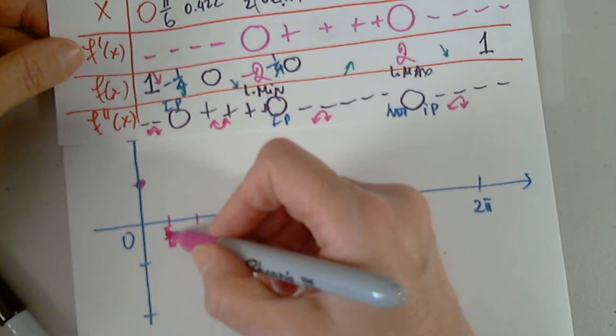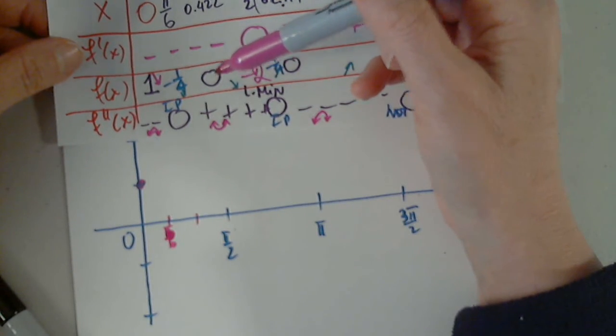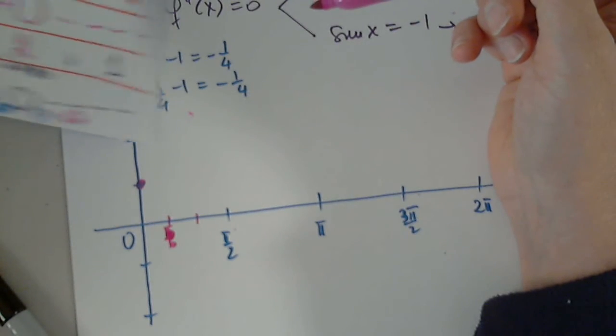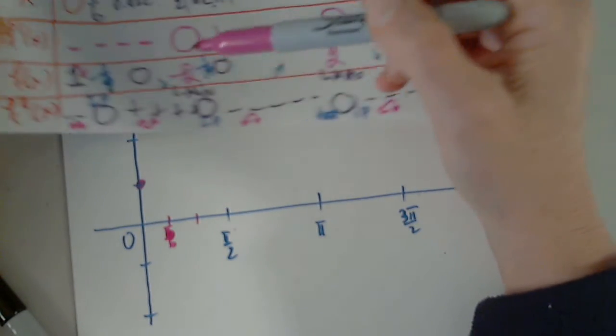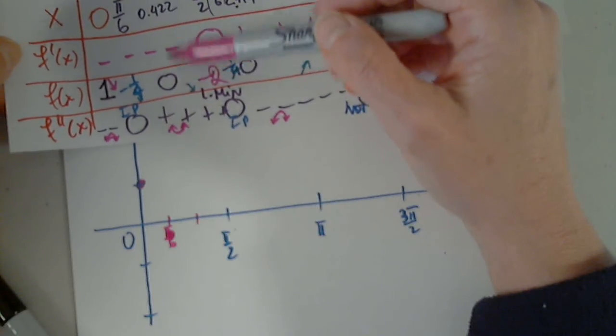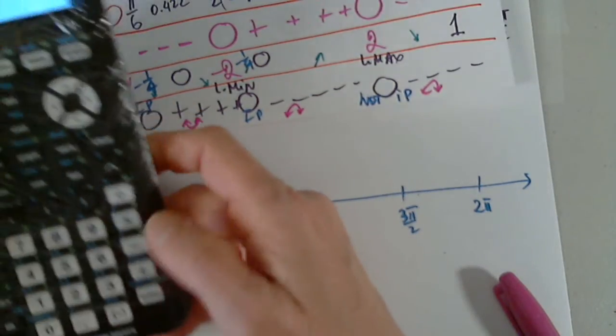Somewhere here. I'm thinking for a second. I realize that it cannot be negative 1/4 because the x-intercept, let me check, where is pi over 6 again?